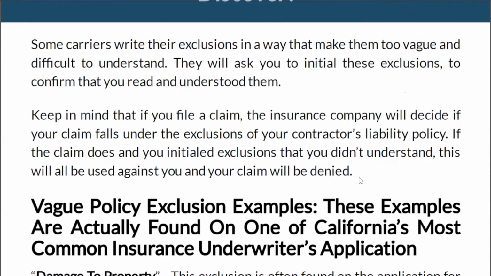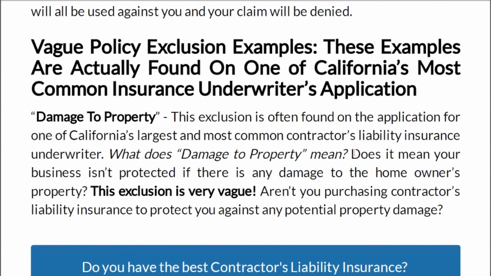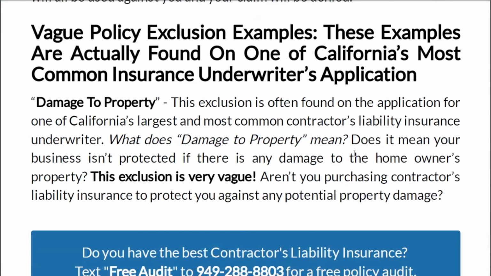These examples are actually found on the application of one of California's most common insurance underwriters. "Damage to property." This is from page 6 of the application from the carrier that I'm looking at. I pulled it out. This exclusion is often found on the application for one of California's largest and most common contractors' liability insurance underwriters.